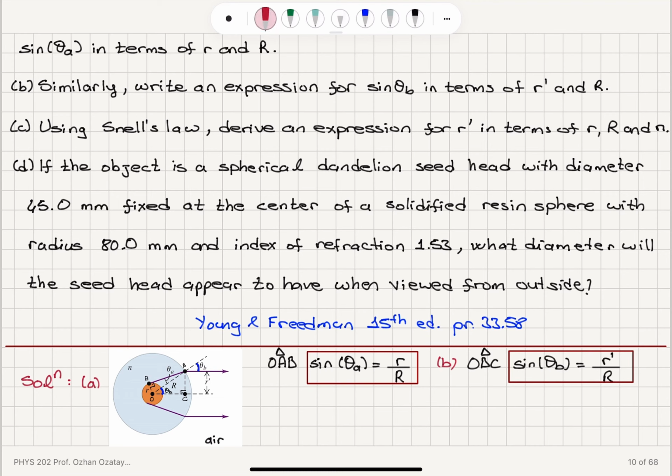Part C, using Snell's law, derive an expression for r prime.